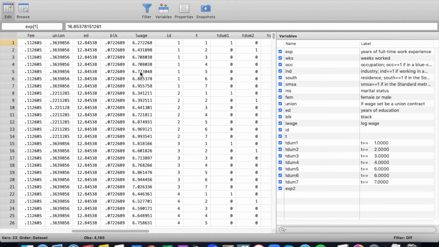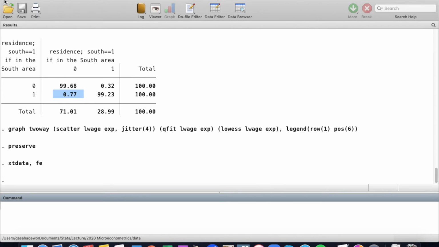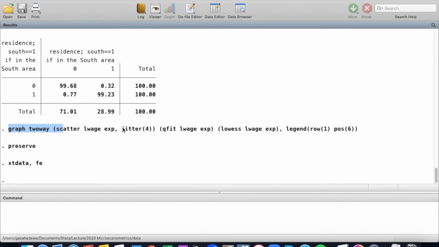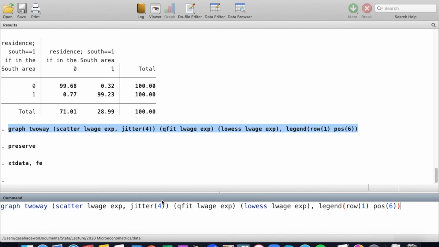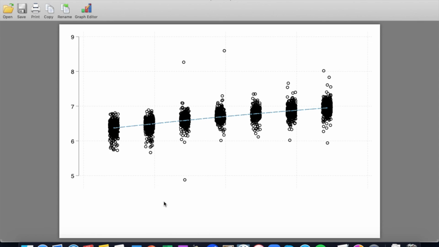What we're going to do is observe the average for the explanatory variables. I'm going to do basically the same graph, so I'm going to copy paste it here and do the graph again.